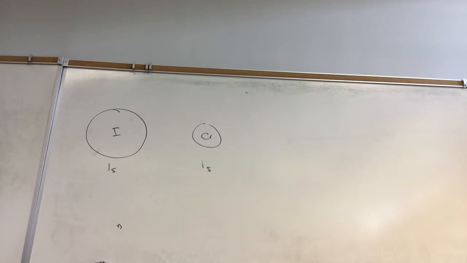Would it be chlorine that has a bigger 1s orbital, or iodine? Or smaller, whichever way you want to think about it. Tell me the difference between the 1s orbital on iodine and the 1s orbital on chlorine.